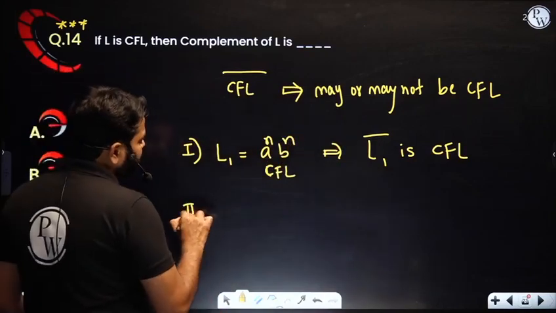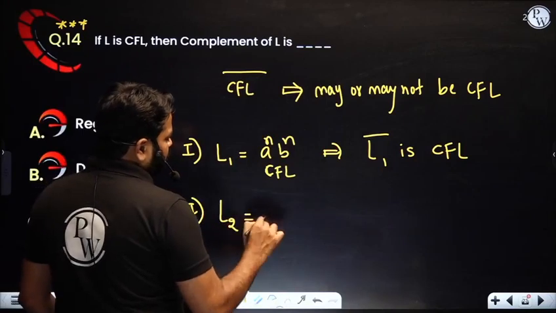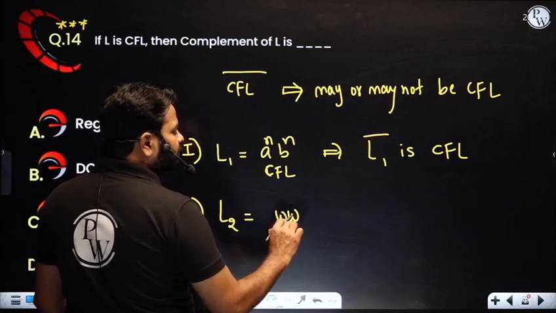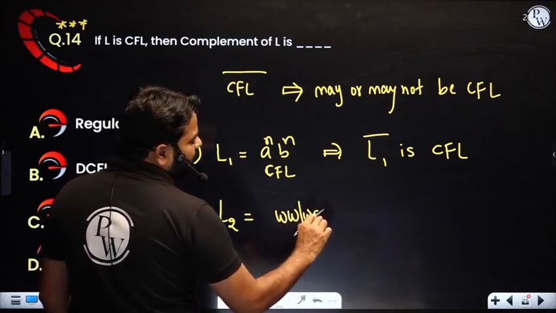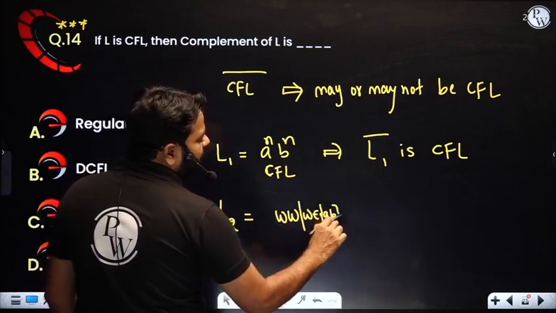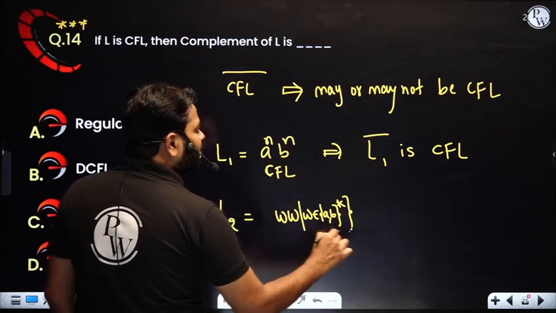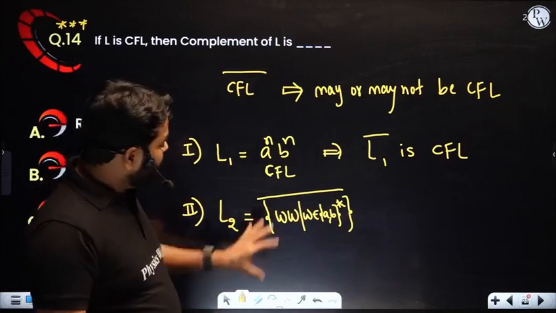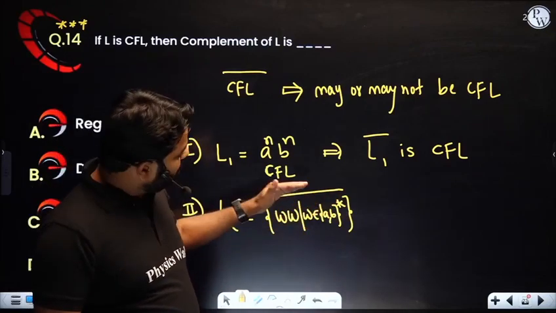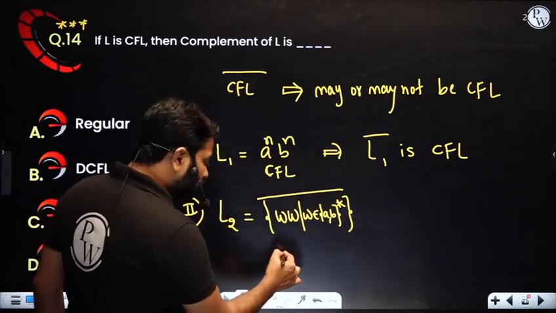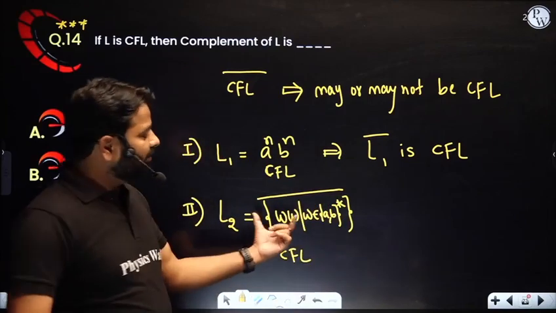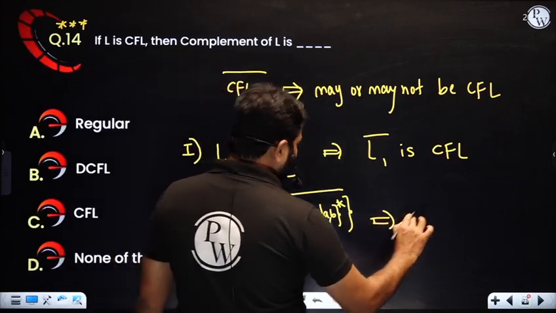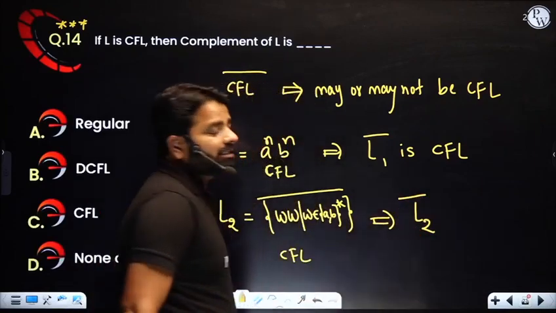Now I'm just saying something different. L2 is WW such that W belongs to {A, B} whole star, and this one I have already taken the complement. Remember that this L2 is complement of this. This is what? Context-free language. You have a PDA for this, you have a context-free grammar for this, but when you do its complement, that is L2 complement, it's WW.